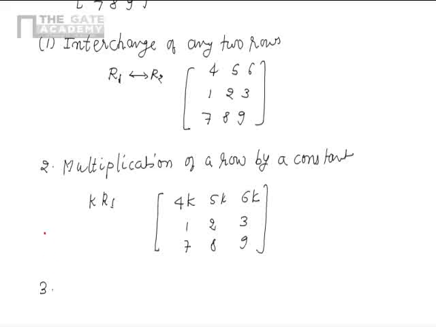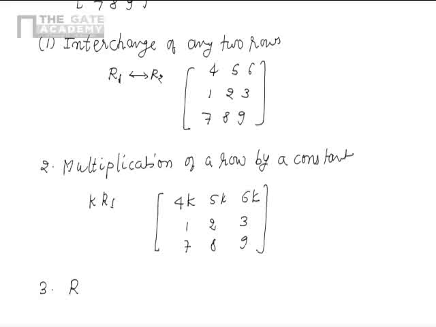The third operation is the addition of a constant multiple of any row to another row. In mathematical format we can understand it better. Let's say I want to make this element 0.